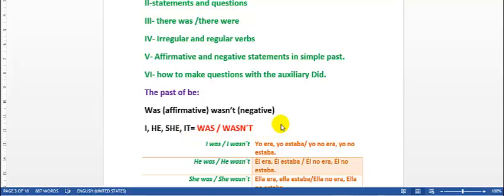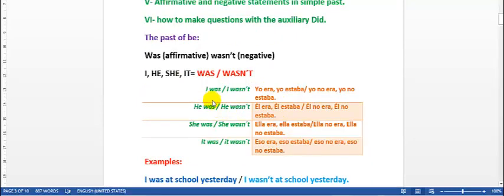So let's see this chart. Vamos a ver este cuadro. I was, repeat after me please, repitan después de mí por favor. I was significa yo era, yo estaba. I wasn't, that is the negative part, que es la forma negativa, significa yo no era, yo no estaba. He was, él era, él estaba.